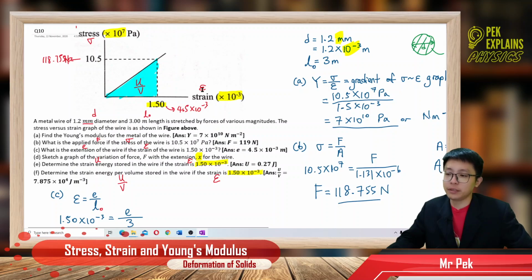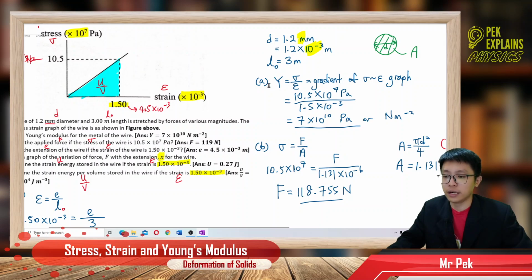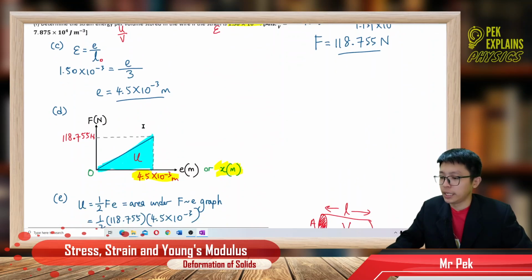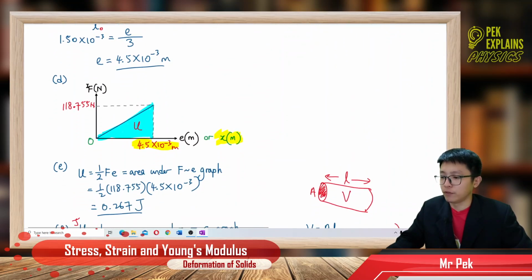Again, I want to tell you this is a stress-strain graph. Don't forget to check the exponent and the unit. For the stress-strain graph, the gradient is the Young modulus, and for the force-elongation graph, the gradient is the force constant.